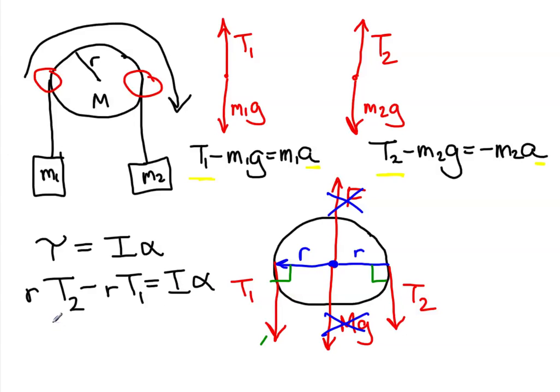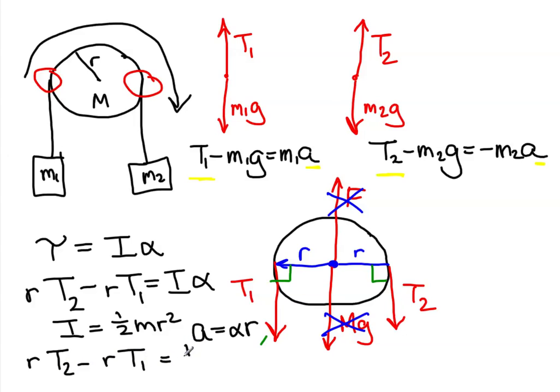Well, we know since this is a solid disk that I is equal to 1/2 M r squared. We know since the rope is not slipping on the edge of the pulley that the tangential acceleration A is equal to alpha r. And if we plug those both in there, we get R T2 minus R T1 is equal to 1/2 M r squared A over r, which when you simplify that, you get T2 minus T1 is equal to 1/2 M A. Oh, I just realized I used the wrong symbol.